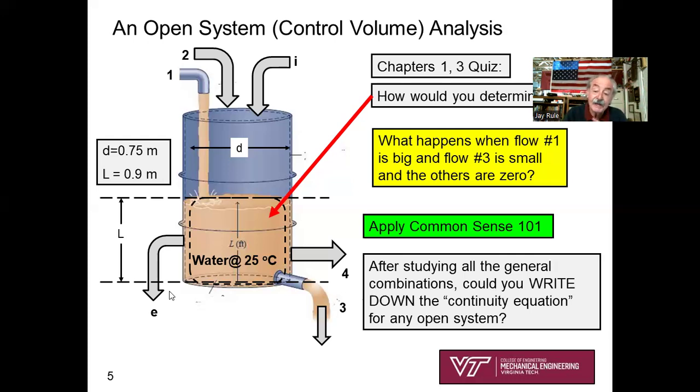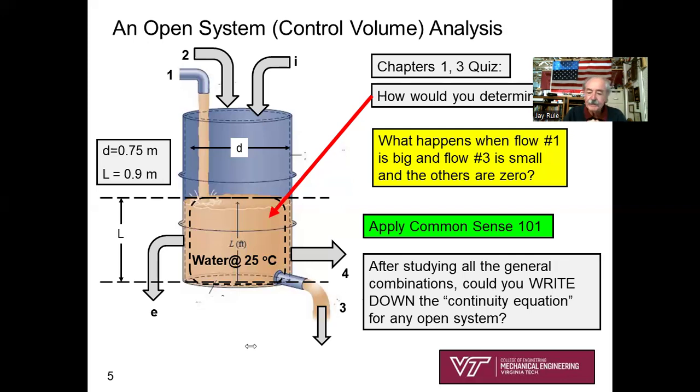All right, great. You've got a feel for the conservation of mass, so you've already got a feel for the continuity equation. After studying, I've got 3 inlets, 3 outlets, a barrel, I can measure the tank height, and I have the ability to calculate the mass of the control volume, M sub CV.